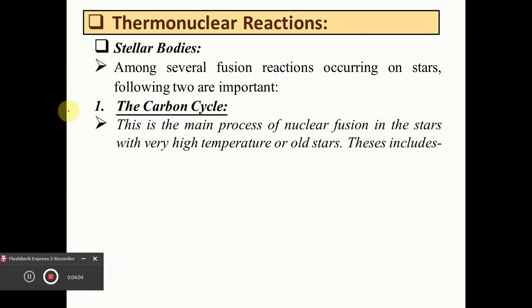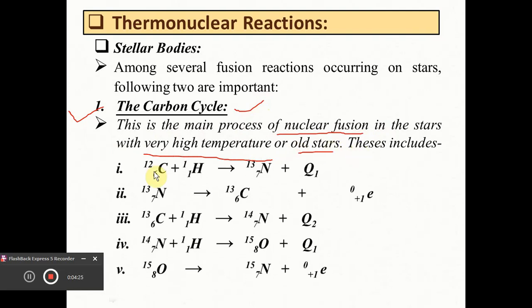The first one is called the carbon cycle, in which carbon is the starting material for the nuclear fusion reaction, and at the end of the reaction it is recovered again. That's why it is called the carbon cycle, and this is the main process of nuclear fusion in stars with very high temperature, or old stars. It includes these reactions.